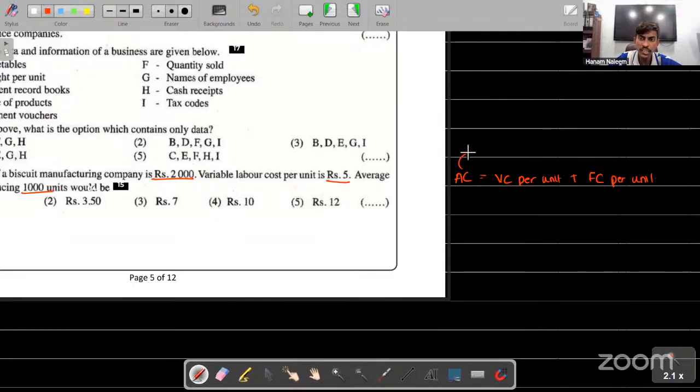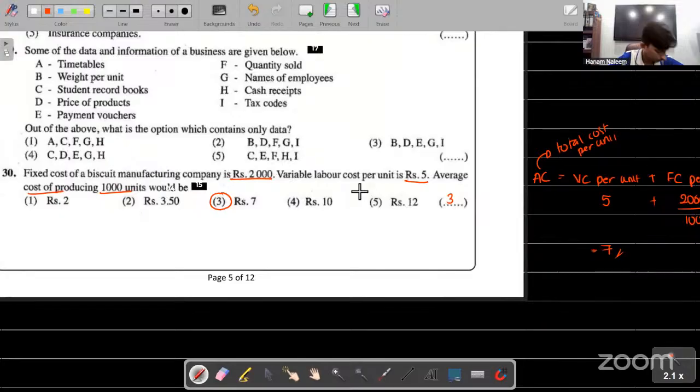You can say another word also: total cost per unit. For one unit, what's the cost? Variable cost they have given as 5 rupees. Fixed cost per unit: total is 2000 and the number of units you are producing is 1000, so it should be 2. Then 7 rupees is the average cost. 3 is the answer. The third one is the answer.